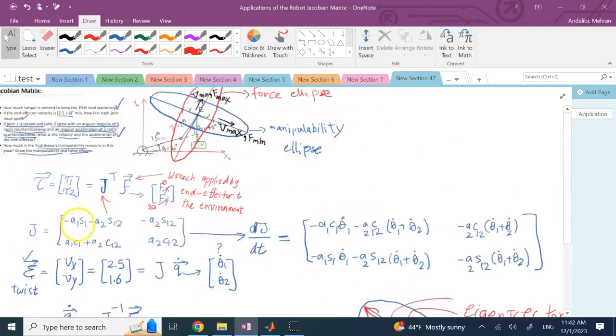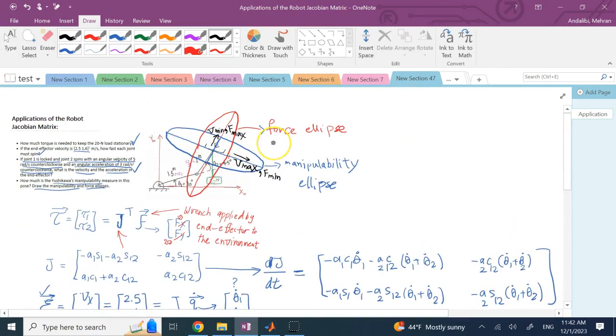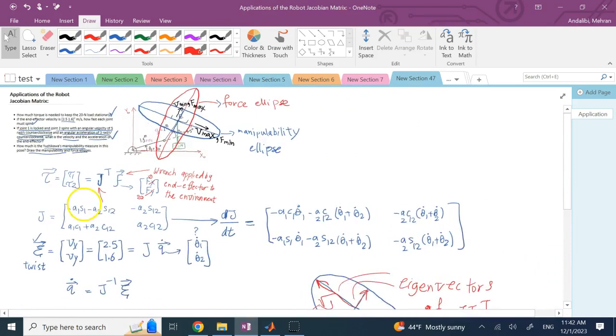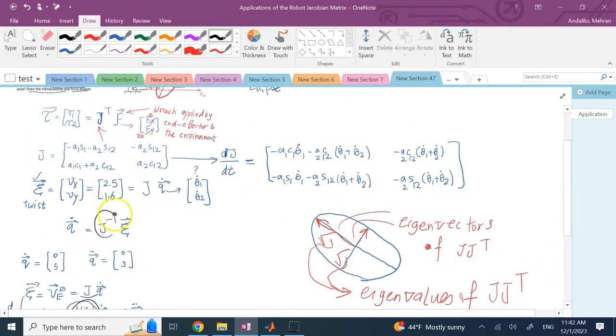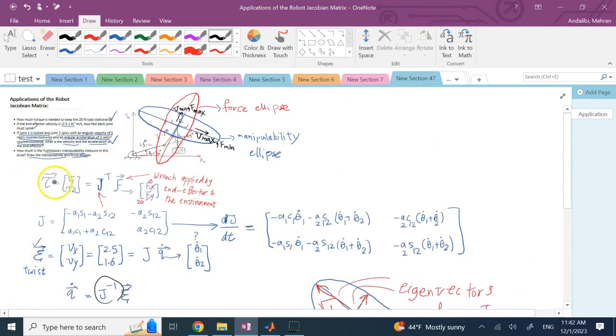In these ellipses, the eigenvalues and eigenvectors of J J transpose. In the inverse problem, the inverse of it, and in the static analysis for how much torque, the transpose of it. Okay, so you see why this matrix is such an important matrix. And so many things in kinematics and kinetics of a robot do depend on J.